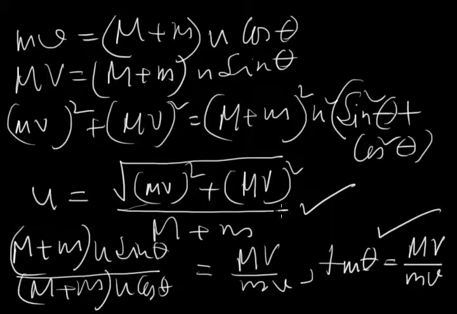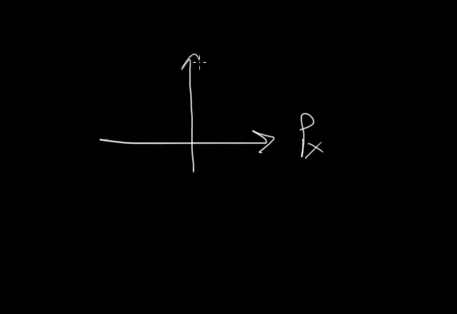I will just recapitulate what we are doing here. We are considering the momentum first along the x-axis, then the momentum along the y-axis, and in order to find the final value, we get their resultant.